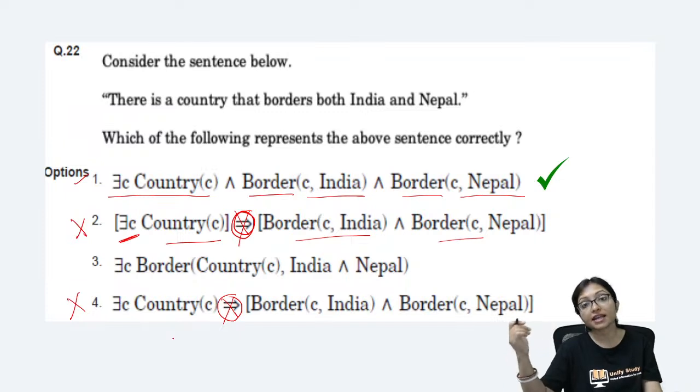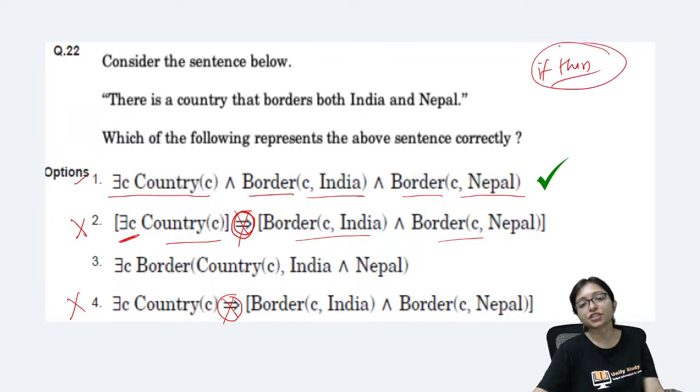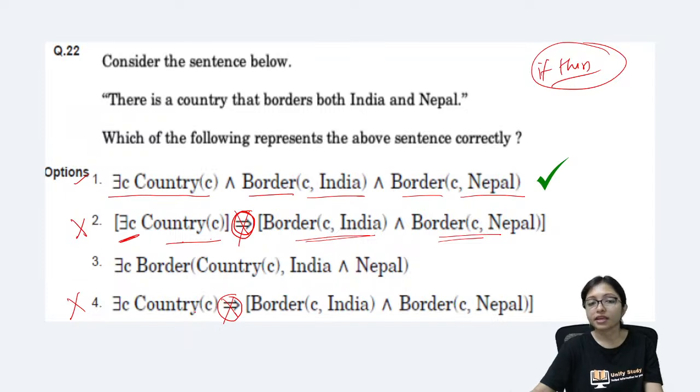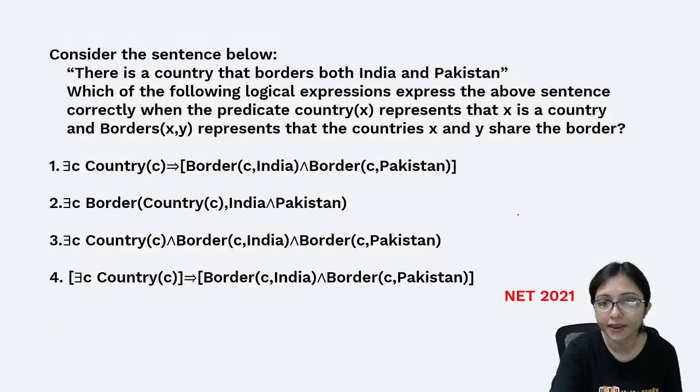I discussed that implication means if then. Here there exists C, if it is a country C, then border of India and Nepal. Here there exists C, border of India and border of Nepal. These are not correct.